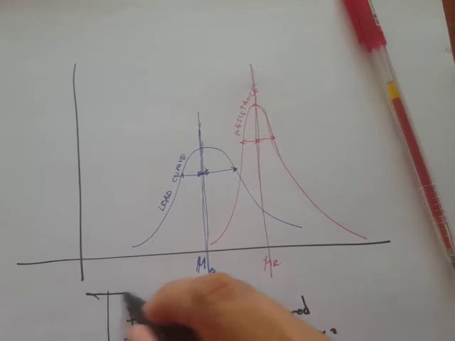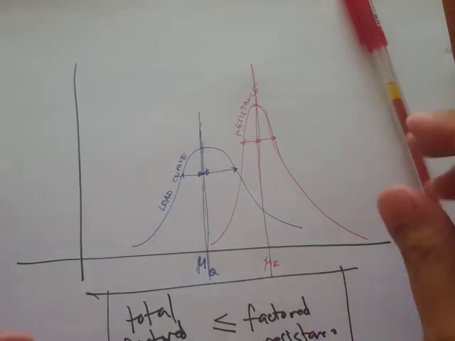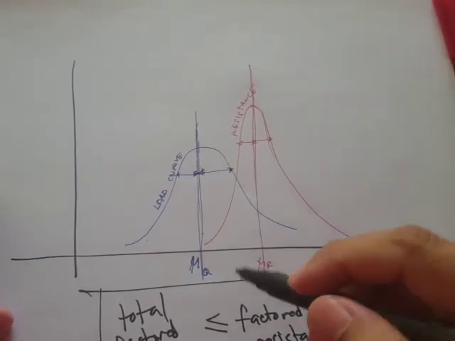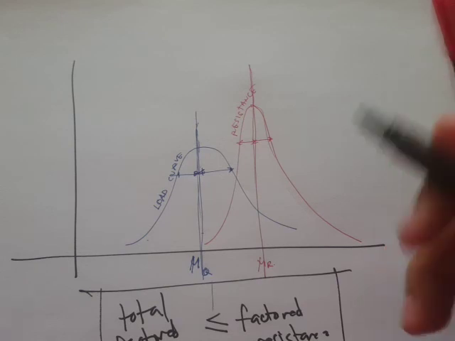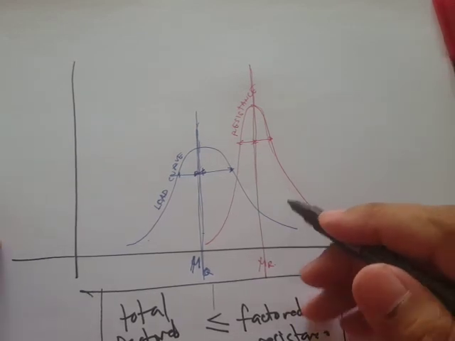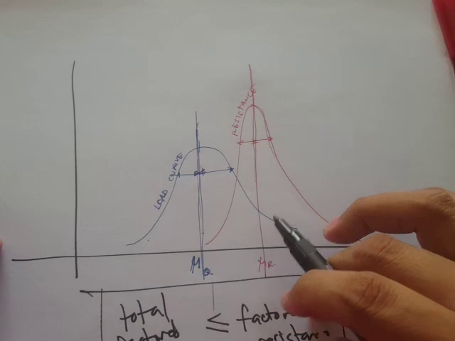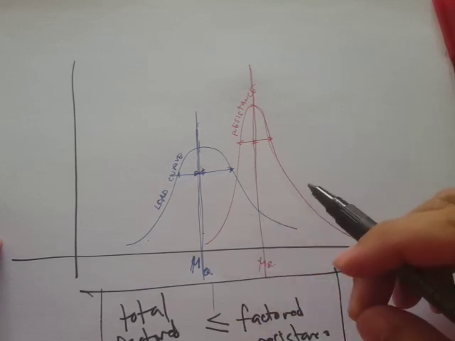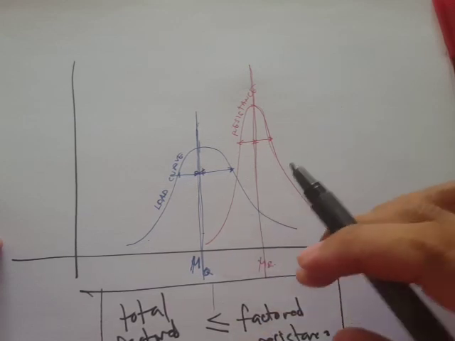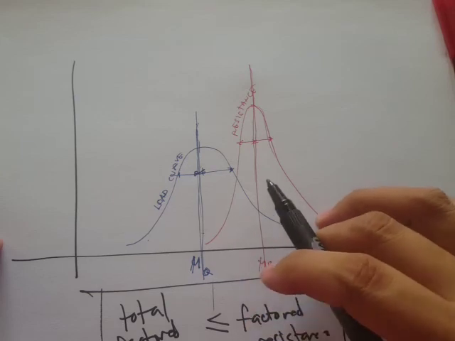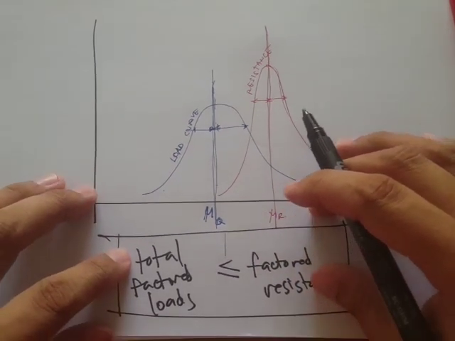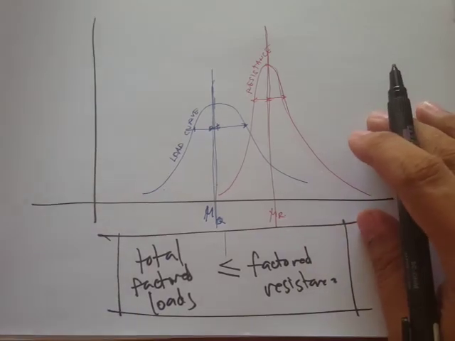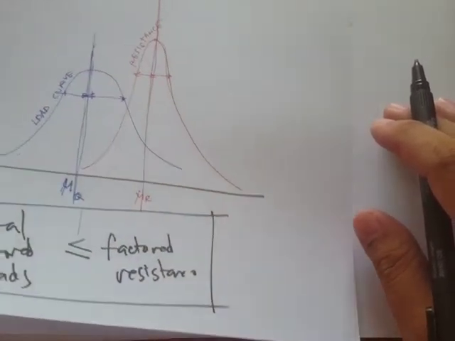So again, it's going back to the basic idea of designing, or computation for the load combinations, that the factored resistance, or the strength side, when we apply the factors, must be greater than the total factored loads. All right, so those are the two approaches.